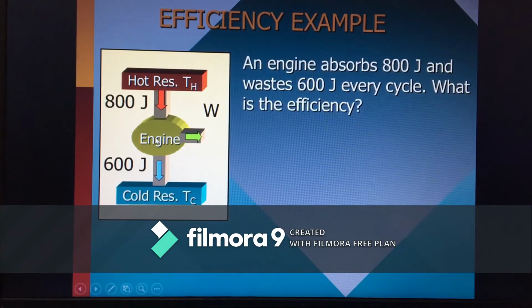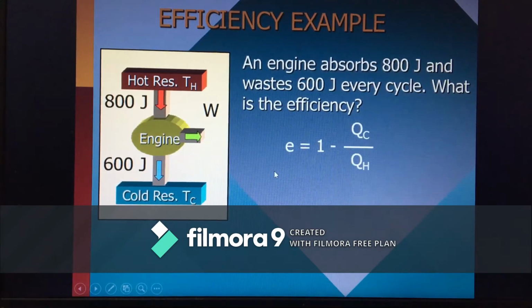So the problem is something like this, class. An engine absorbs 800 joules and wastes 600 joules of energy every cycle. So what is the efficiency?